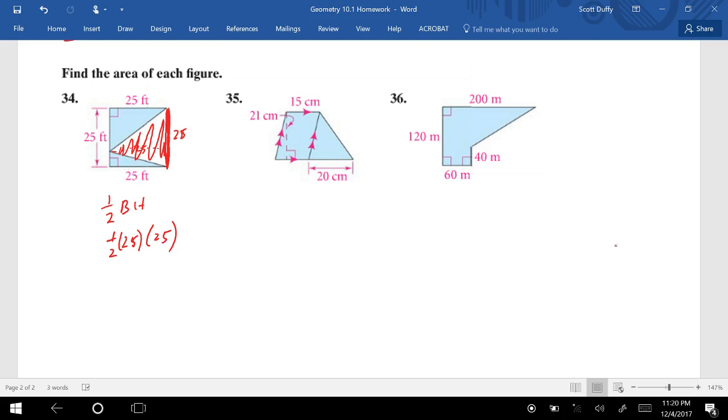So really what the other two will fill up will be the same area. These two areas added together will be the same as this one in red. So that is it. 1/2 25 times 25.